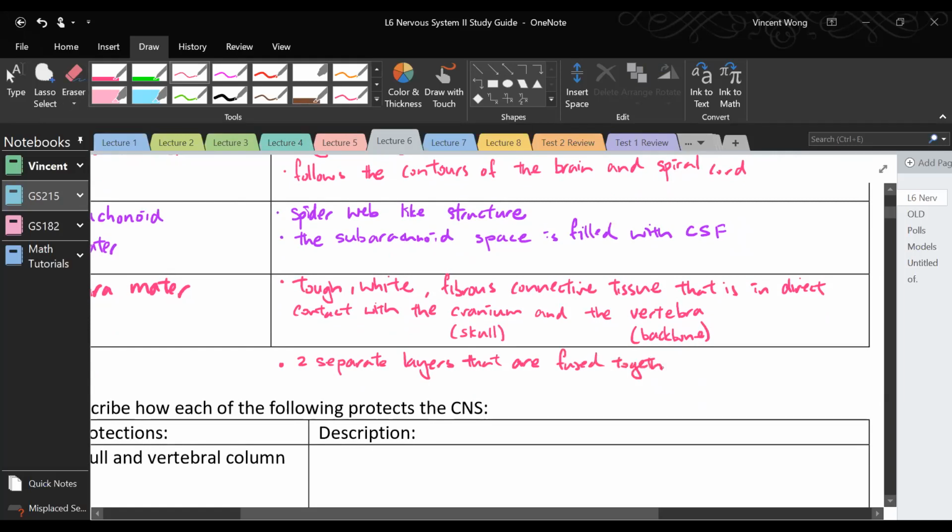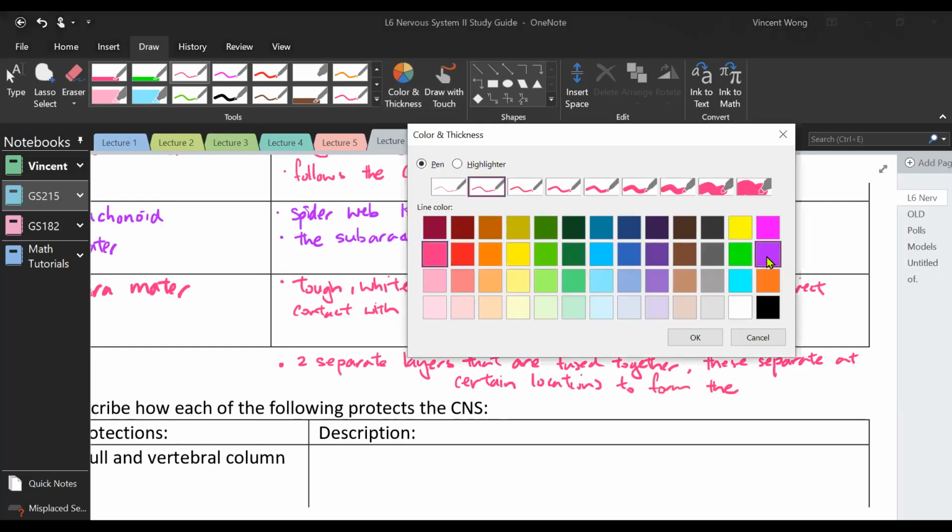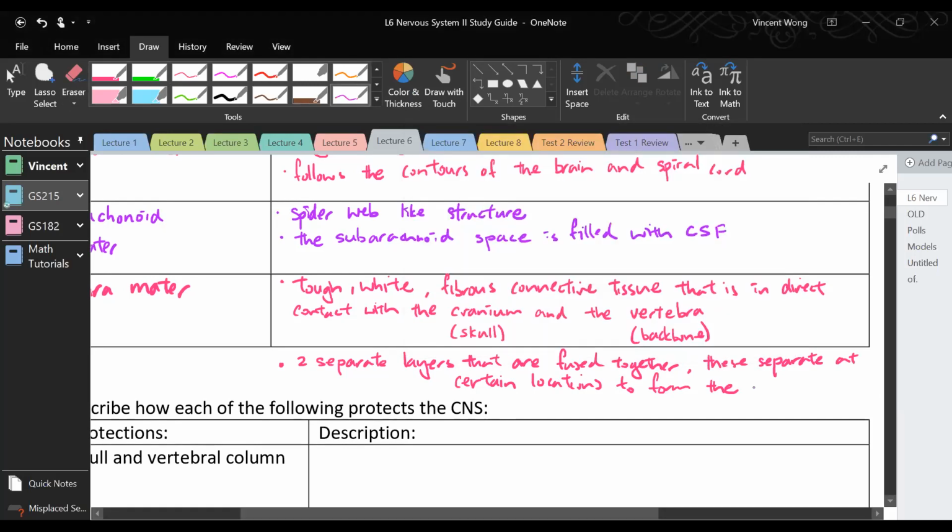They are stuck together, but every now and then at some locations they would separate to form the durovenous sinus.